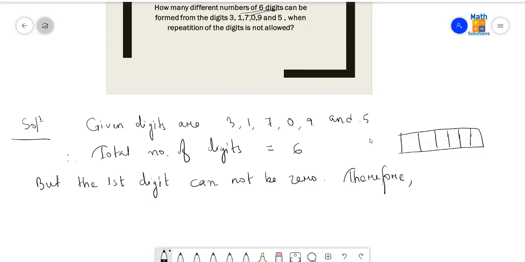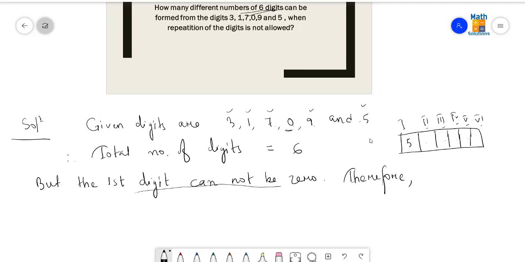So this is the first place, this is the second, the third, the fourth, the fifth and the sixth. It is very clear from this sentence that the first digit cannot be 0. That means how many options are left in our hand leaving behind 0? 1, 2, 3, 4, 5. There are 5 options left for filling up this position.